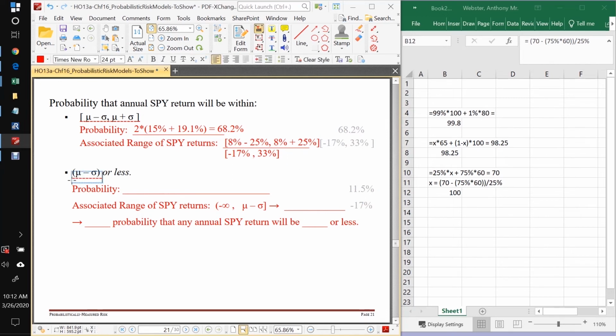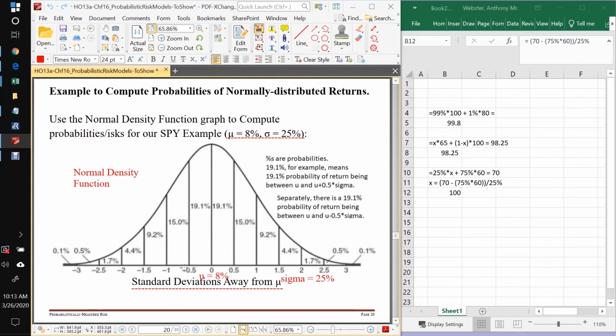What's our probability that our return is going to be 1 standard deviation below the mean or less? Okay, so let's start this time with the probability. I have 1 standard deviation below or less, so all I have to do here is add up all of these probabilities until I get to 1 standard deviation below the mean.